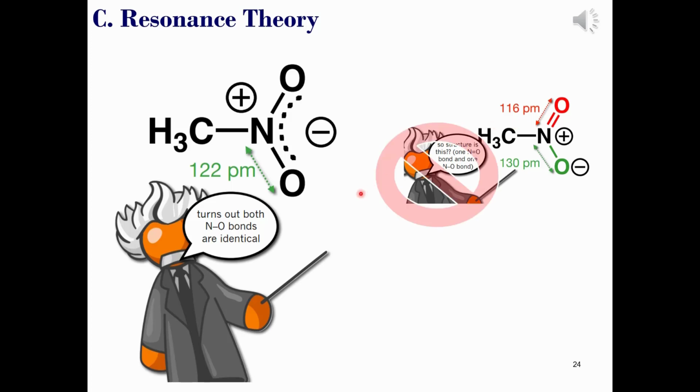Again, if we think back to Modern Chem 1, we learnt that we may need more than one Lewis structure to represent the bonding, and that each of the possible Lewis structures that we can draw is called a resonance structure. Lastly, the negative charge is no longer localized to one of the oxygen atoms. Rather, the negative charge is delocalized, spread out over the two oxygen atoms. Let's recap about resonance structures on the next slide.